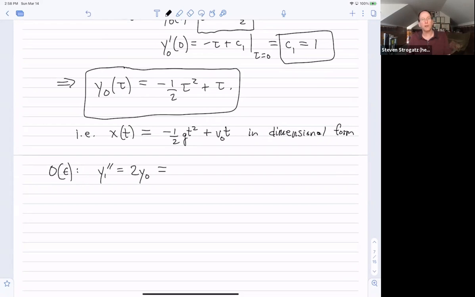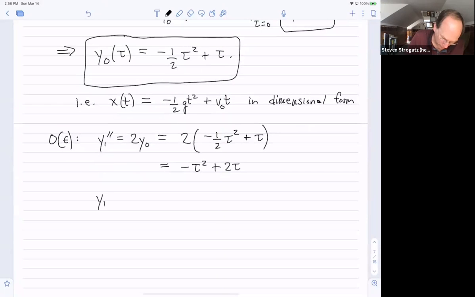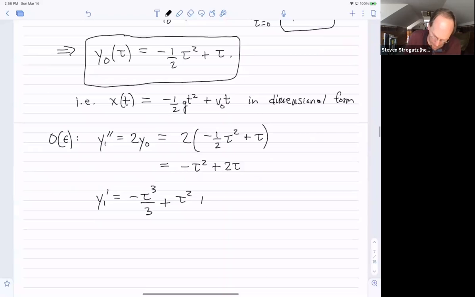Now I've just calculated Y0. So I multiplied 2 times the thing above that I've just written in the box for Y0. And so this becomes minus tau squared plus 2 tau. So integrating that once gives me Y1 prime is minus tau cubed over 3 plus tau squared plus something that we can interpret as Y1 prime at time tau equals 0.